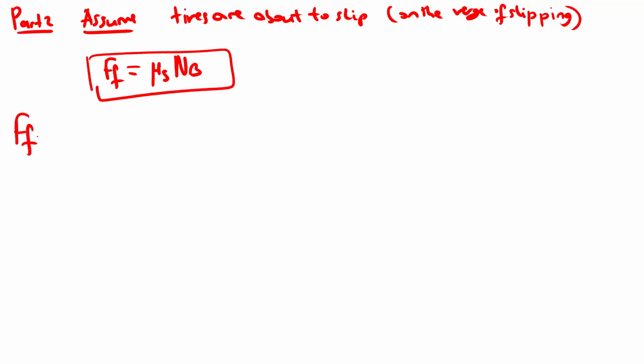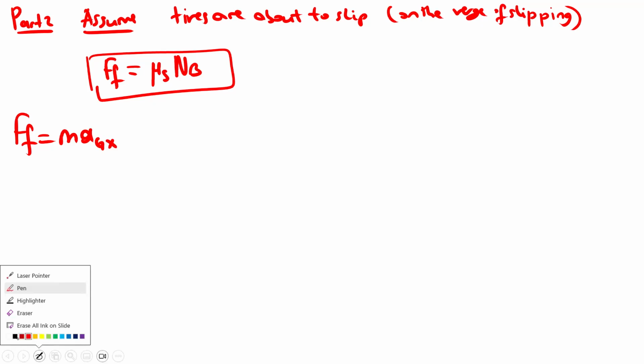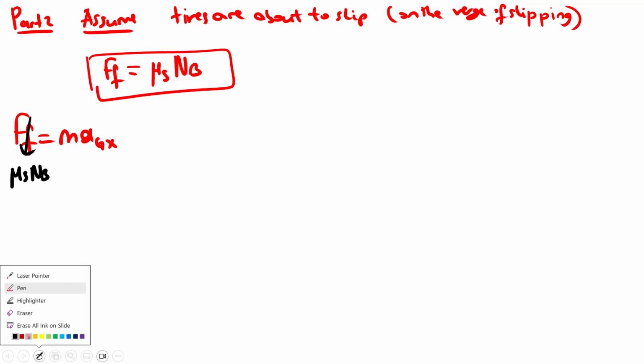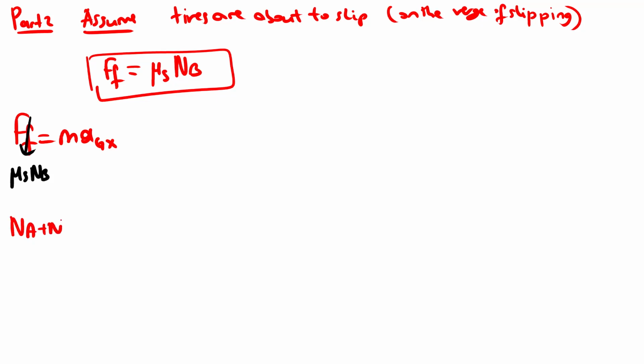F of f is ma gx, and instead of that one we will just say that f of f is mu s nb, and then the second equation will be that na plus nb minus w is 0.